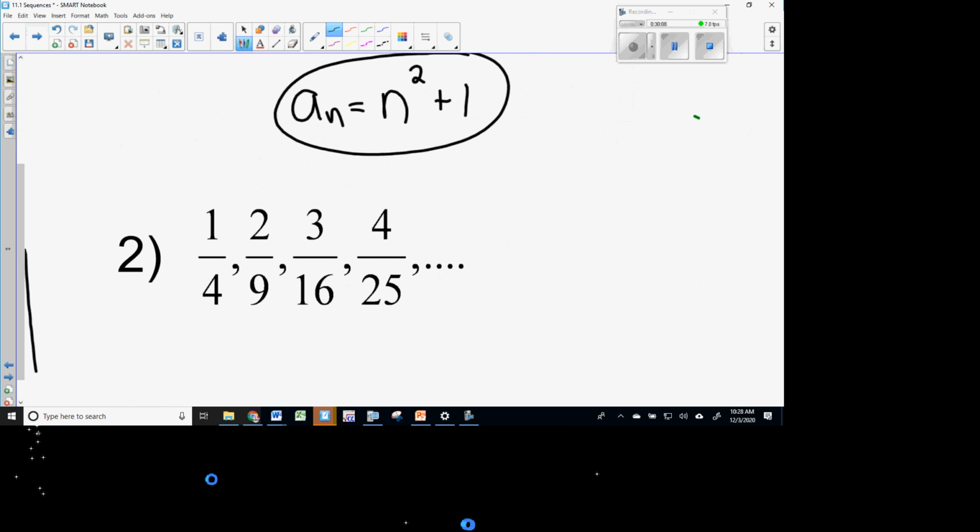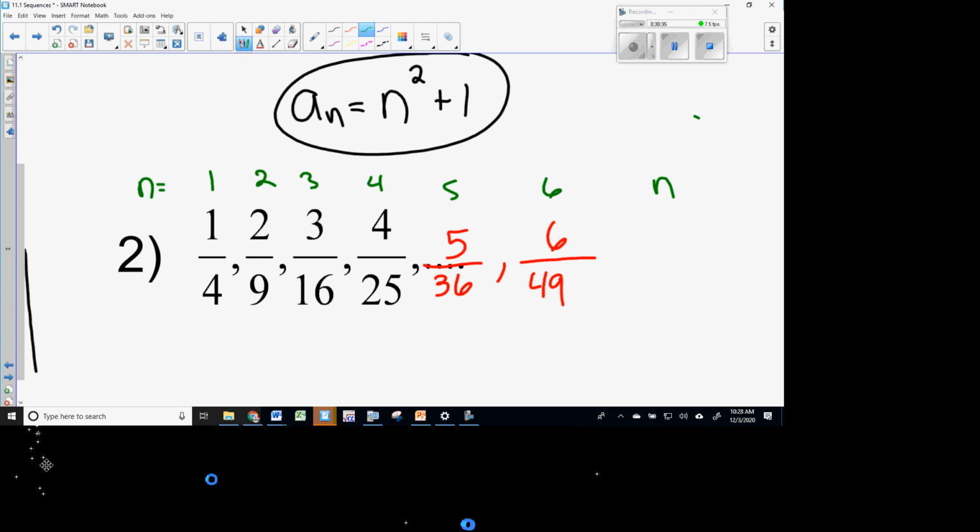What about the next one? First step, think about what the next two terms are. Five over 36. 6 over 49. And then looking at the pattern, this is my first, second, third, fourth, fifth, sixth.